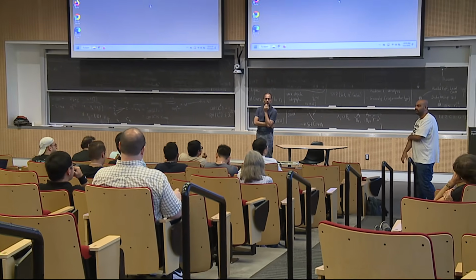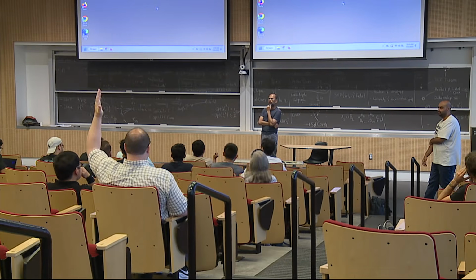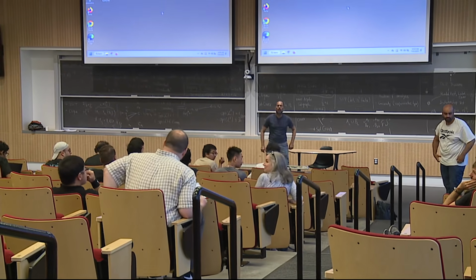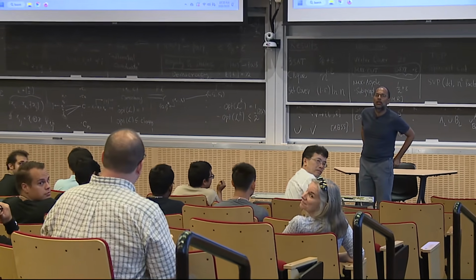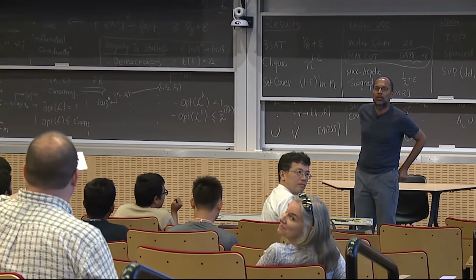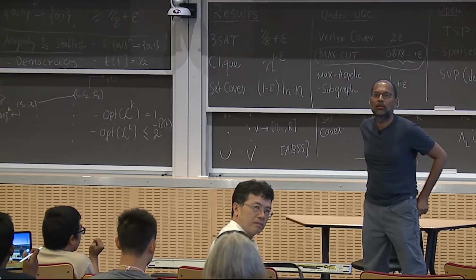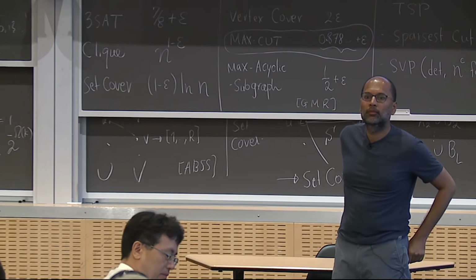Any questions? If we're thinking about using the sparsification lemma, so if we look at 3-SAT, 7/8 plus epsilon approximations, does that translate well?